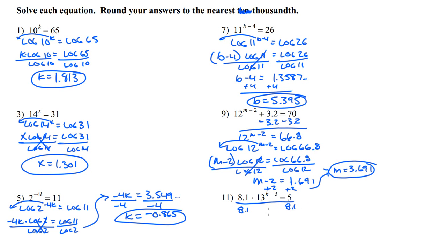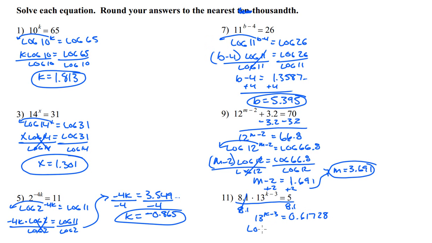We get 13 to the k minus 3 equals whatever 5 divided by 8.1 is: 0.61728. You want to go as many digits out as you can handle. At absolute minimum, 4. You probably want to go 5 or 6 out. Otherwise, it starts throwing off your answer when you start doing logarithms.